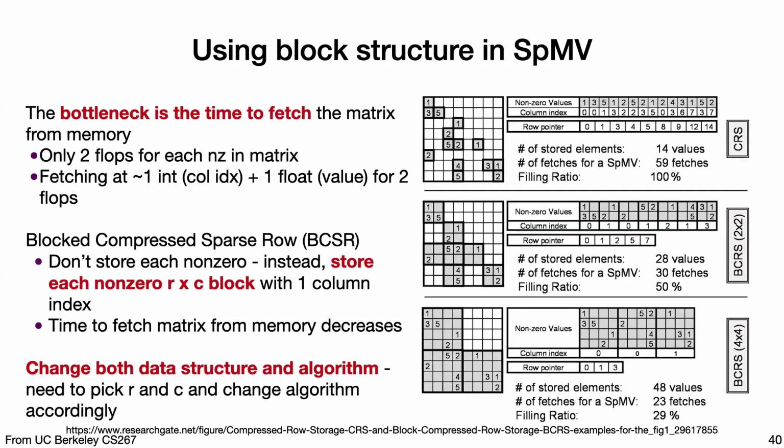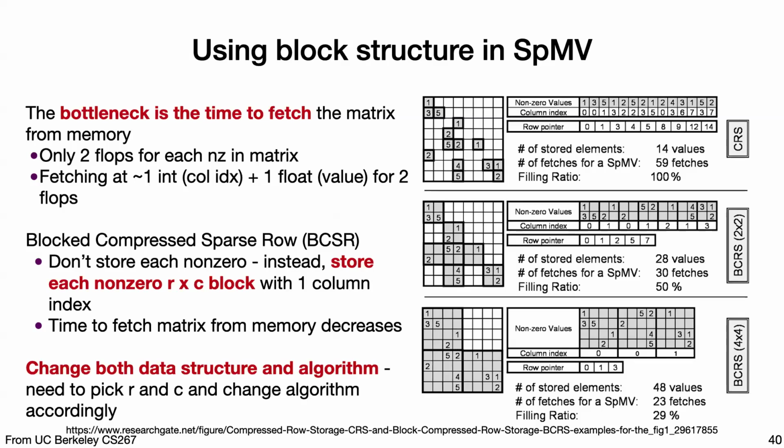For sparse matrix vector, like we were talking earlier, the bottleneck is memory access time, not compute time. And so the point of these block formats is to try to reduce the cost to access the matrix from memory. In sparse matrix vector, for every non-zero, you have to only do 2 flops. You do the multiplication with x, and you do the addition into the output.